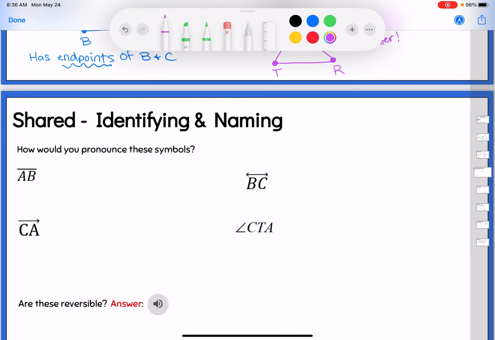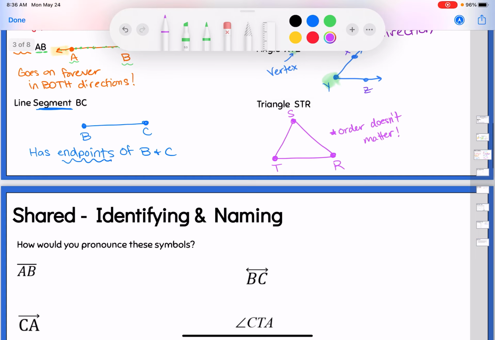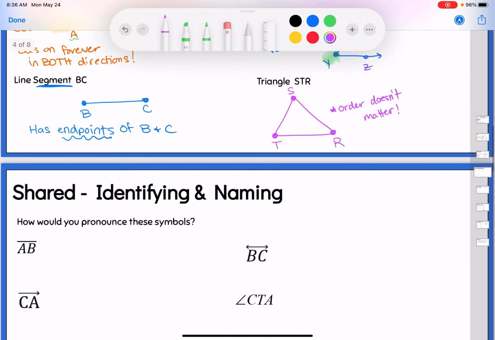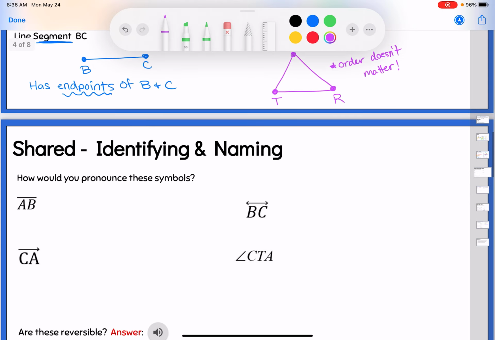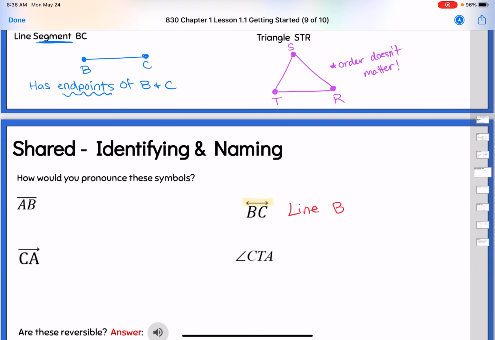So notice the first one is just a line above the AB, but without any arrows. And the second one has BC, it's got a line above it, but it has arrows on the end. So which one of those do you think is an actual line, and which one do you think is a segment? The one with the arrows has to be the line, so you got to be really careful. So this one is actually line BC.